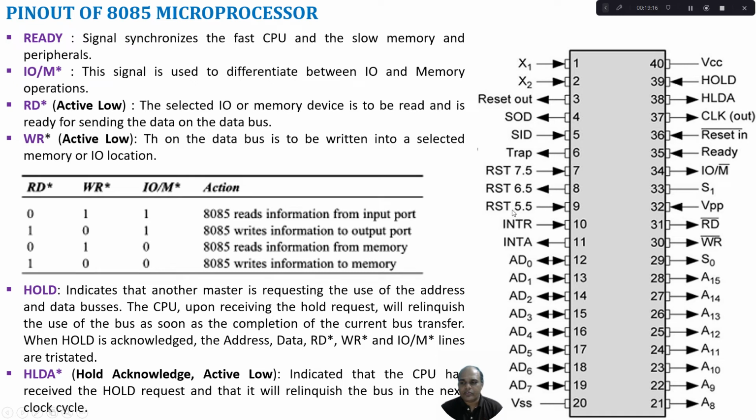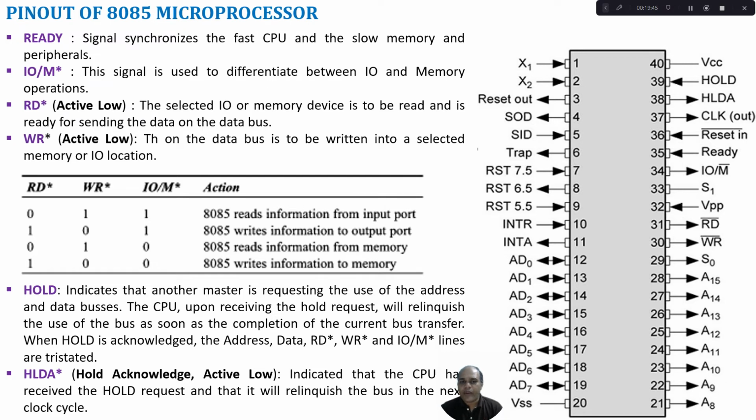There is also a ready signal. The ready signal is used by the slow peripheral devices which are connected to the CPU. Whenever we connect some slow peripherals onto the CPU, they need to provide some information to the CPU, because in order to have a proper transaction, the peripheral device should be ready to accept the data.